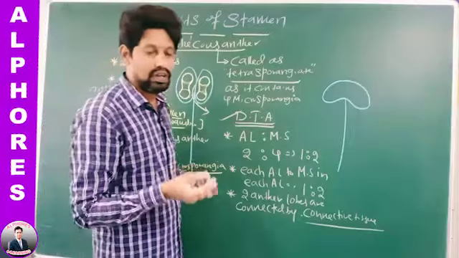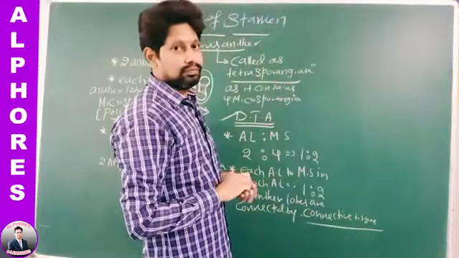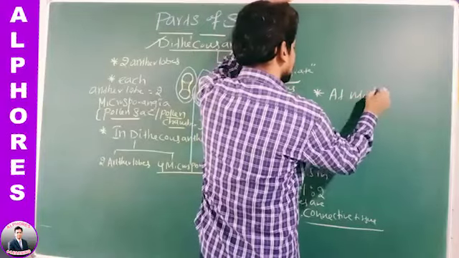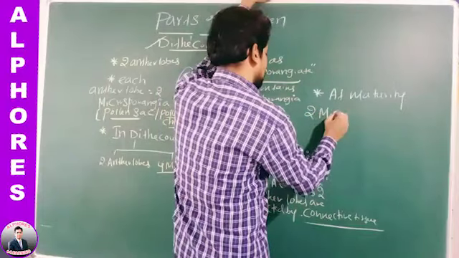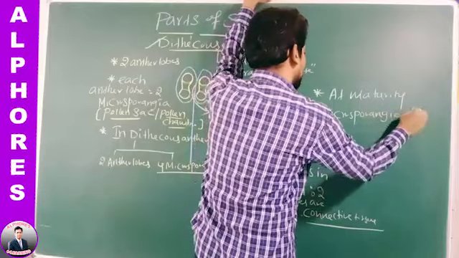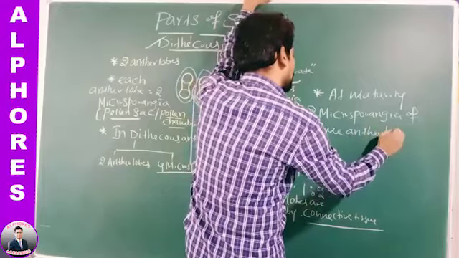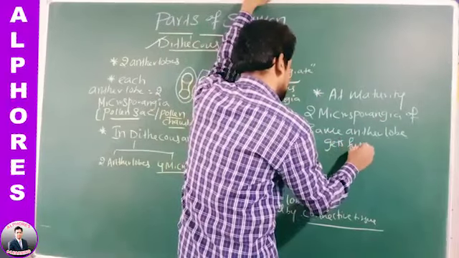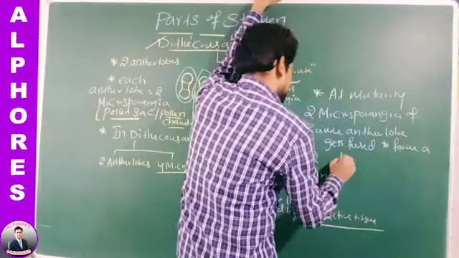Is this statement okay? I am writing that statement here. What is the statement, sir? At maturity, two microsporangia of the same anther lobe get fused to form a theca.